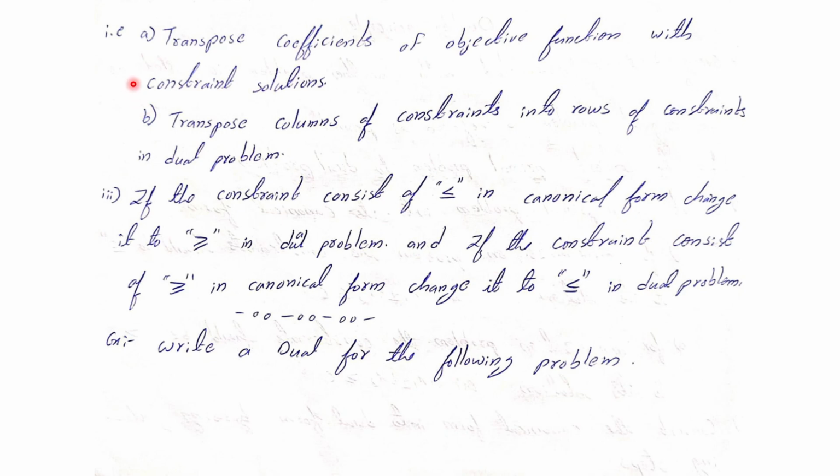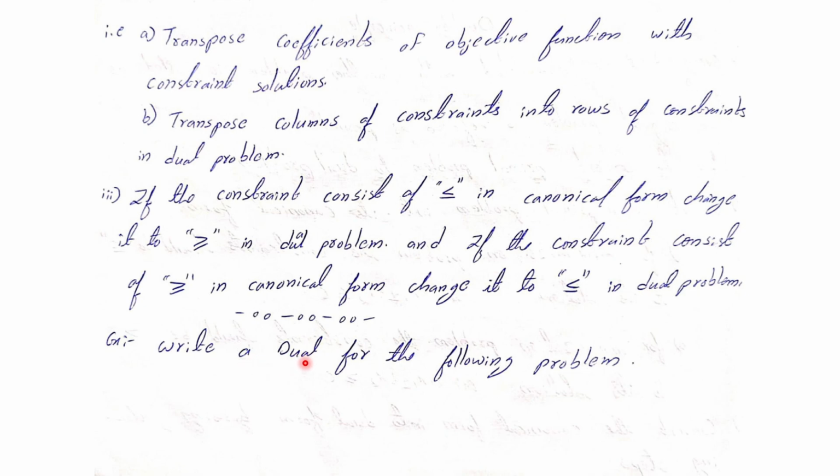While we explain the example, you can understand these two points. The third step is, if the constraint consists of less than or equal to in canonical form, then change it to greater than or equal to in dual form. Likewise, if the constraint consists of greater than or equal to in canonical form, change it to less than or equal to in dual form. You can understand these steps while we go through the example.